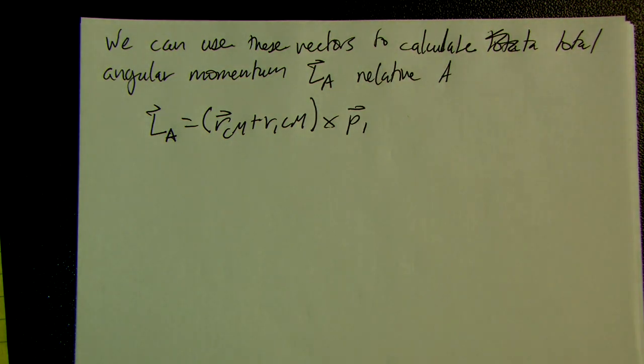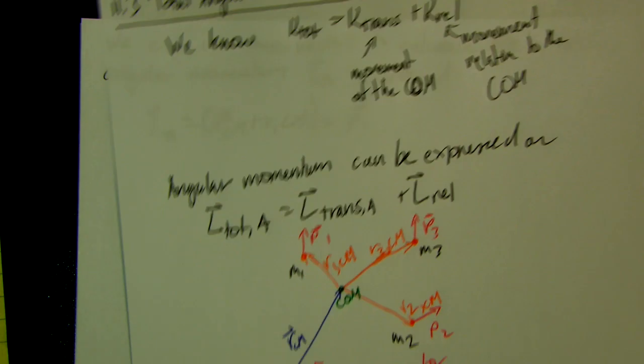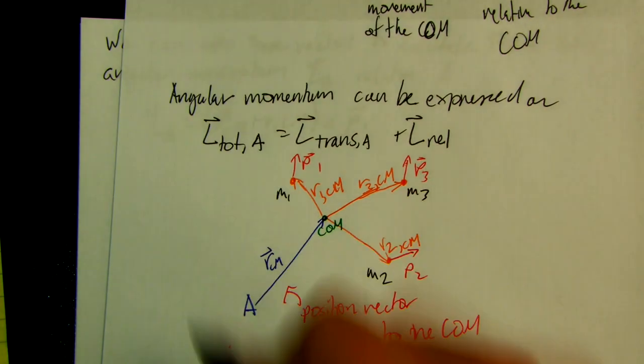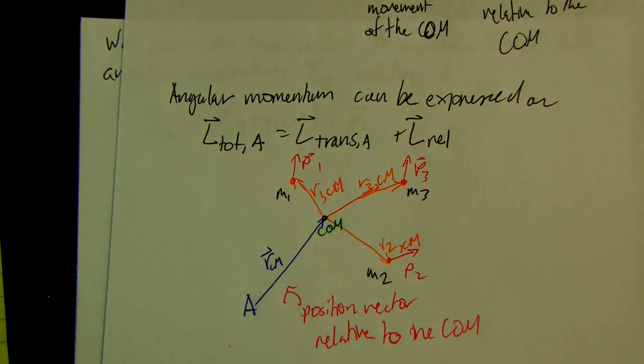So basically what we're saying is that the total angular momentum is the sum of all the parts. So we need to apply the angular momentum formula repetitiously to get the sum of all of the parts.